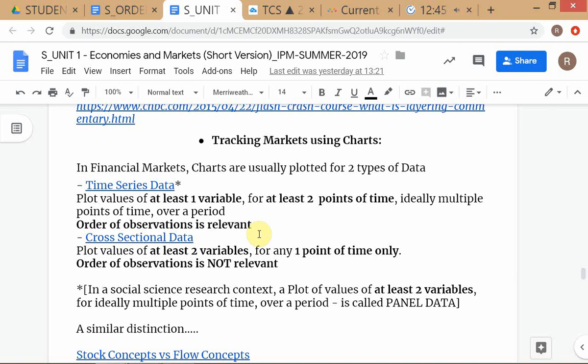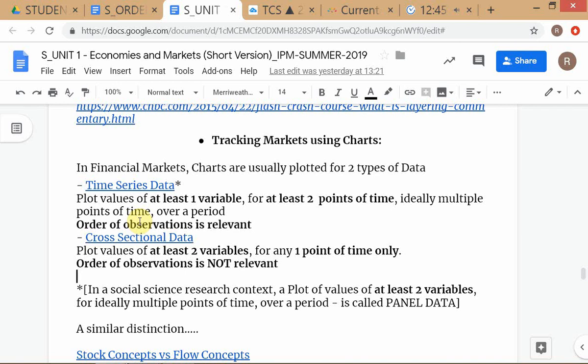The technical definition has to be given in a legalistic manner, capturing all the situations where that definition applies. So even if I plot 2 data points, today and tomorrow, that is also time series data.